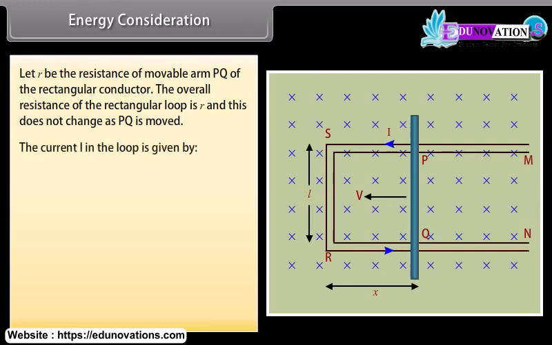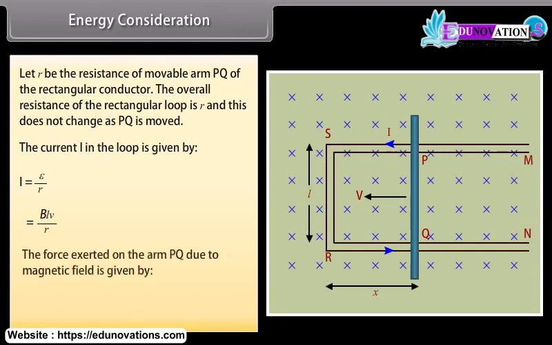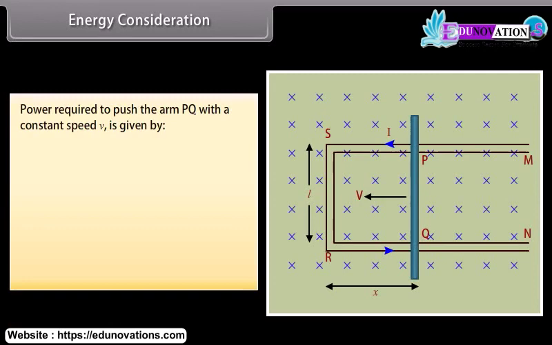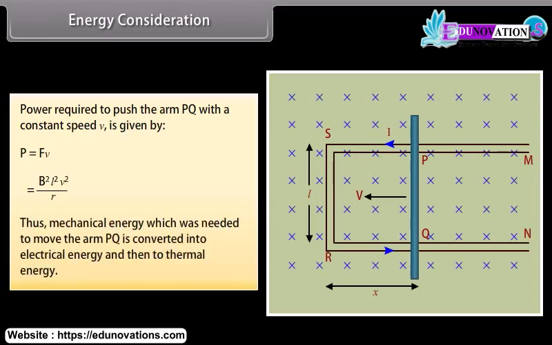The current I in the loop is given by E divided by R, which is equal to BLv divided by R. The force exerted on the arm PQ due to the magnetic field is given by ILB, which is equal to B square L square v divided by R. Power required to push the arm PQ with a constant speed v is given by B square L square v square divided by R. Thus, mechanical energy which was needed to move the arm PQ is converted into electrical energy and then to thermal energy.